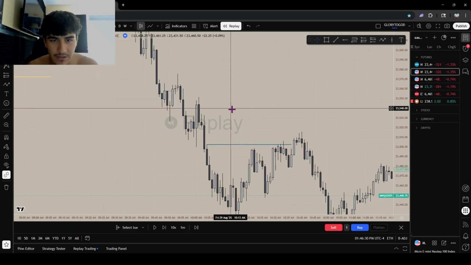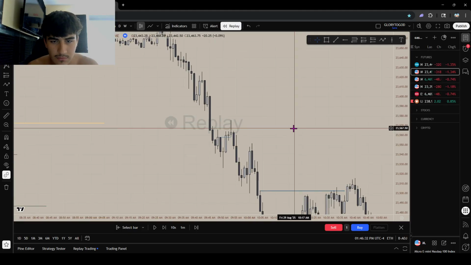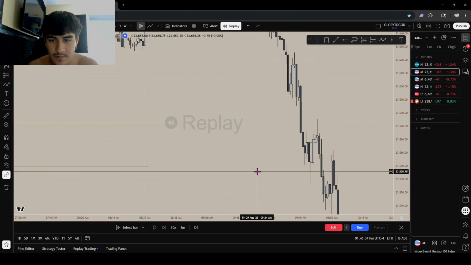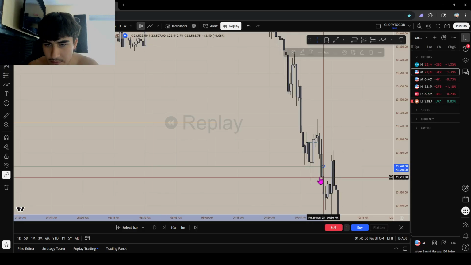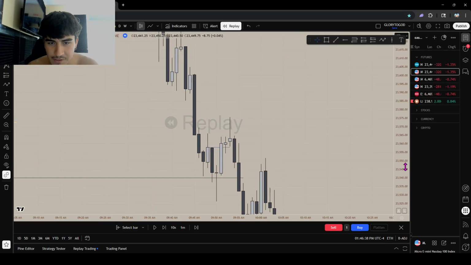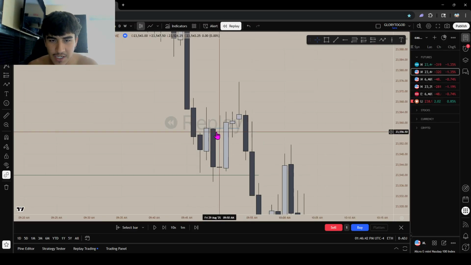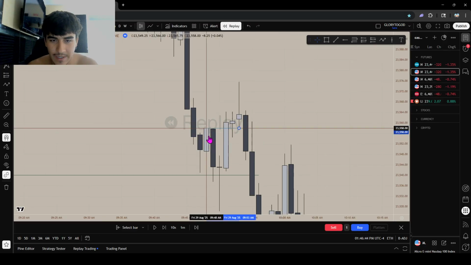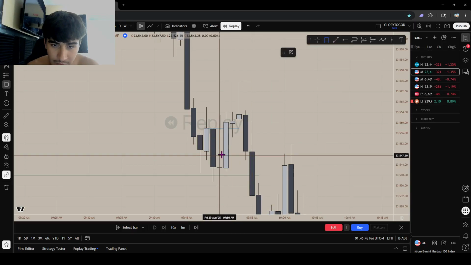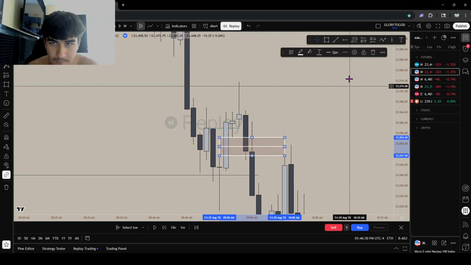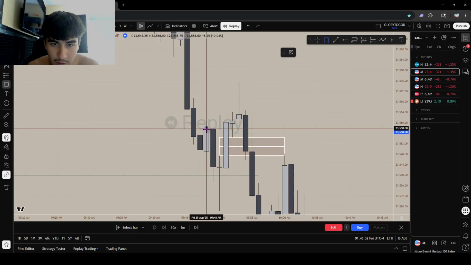So I took a trade here because my model is we tap into London low. We get a change in state of delivery by sweeping this high. We got to close above. We get a fair value gap. We get a breaker block.